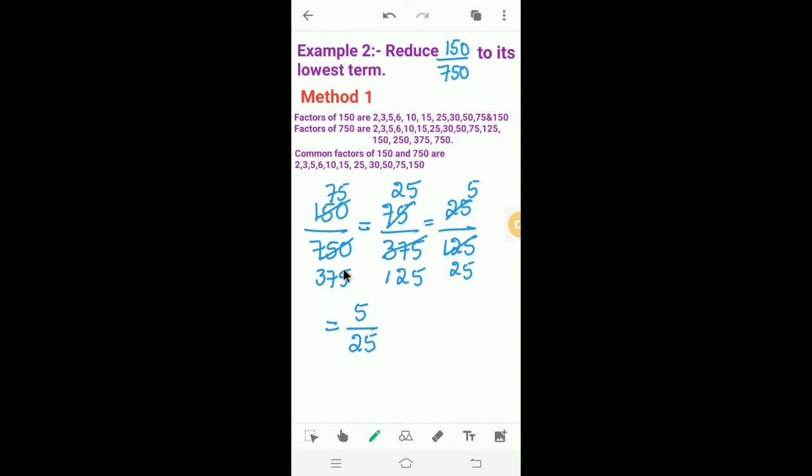Here we need not take the next common factor because 5 and 25 are not divisible by 6. So we have to take the same common factor only, that is 5. 5 1s are 5. 5 5s are 25. 1 by 5.